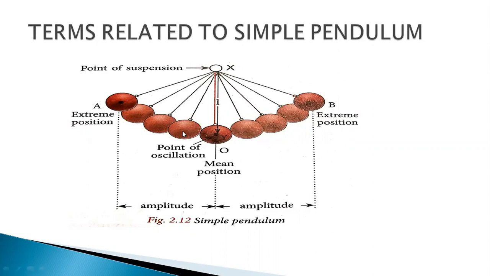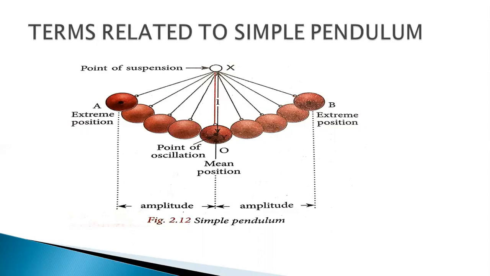Initially it goes to A, again it comes back to O, it goes to B, and again it comes back to O. So one oscillation has completed: O to A to O, O to B, and again B to O.